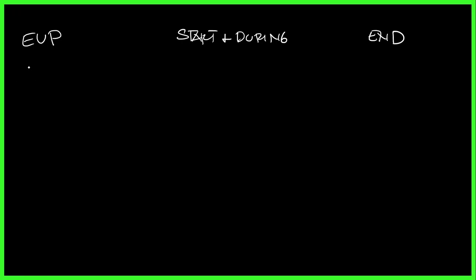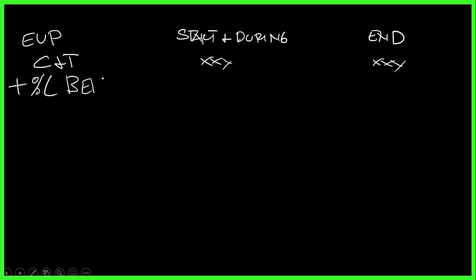So where do we start? We start with your completed and transferred units. Okay, we add the percentage of completion for your ending balance, balance end of your working process.